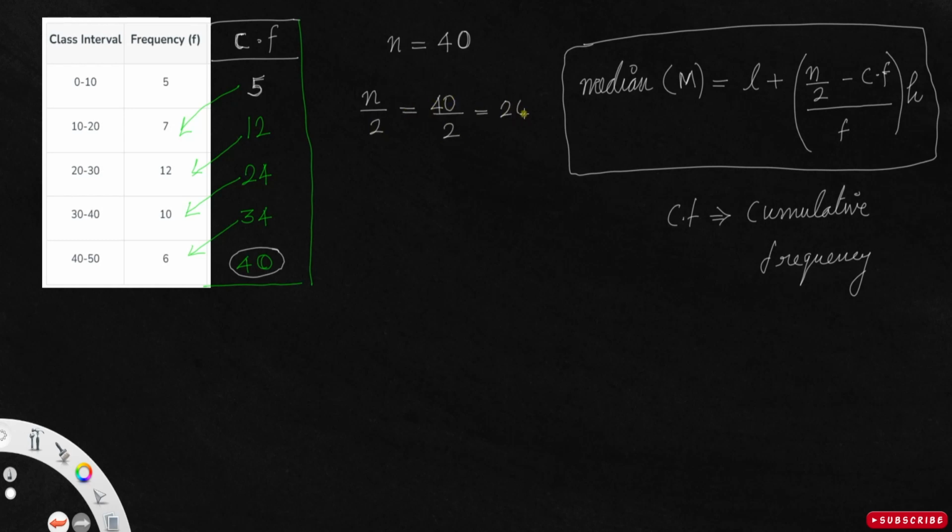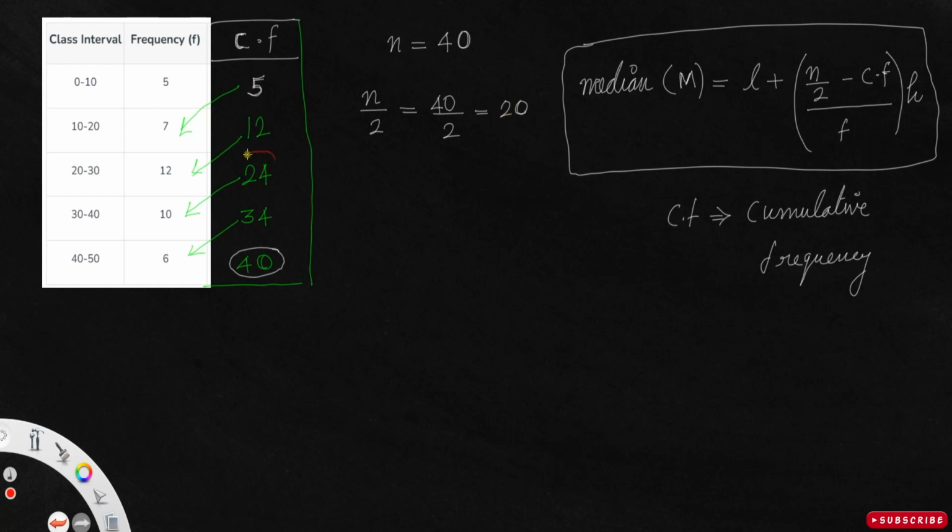we know it's 20. Now you go to the cumulative frequency and select a number that is just greater than 20. That is, we have to go into the table of cumulative frequency and just take a number which is just greater than 20.